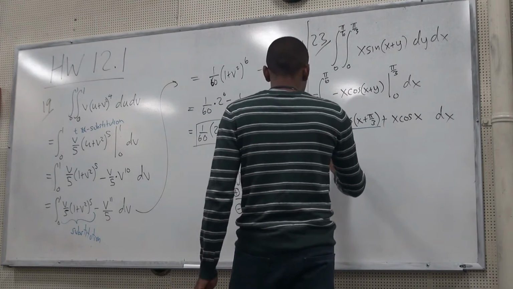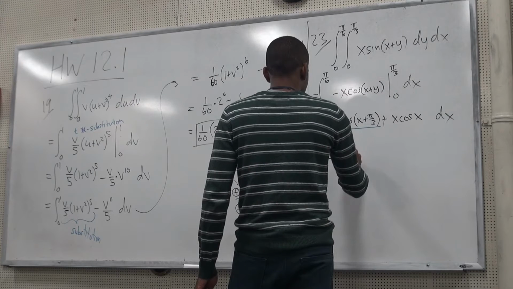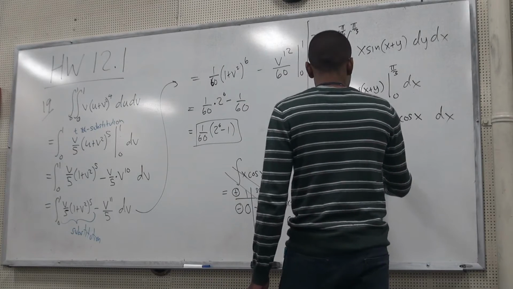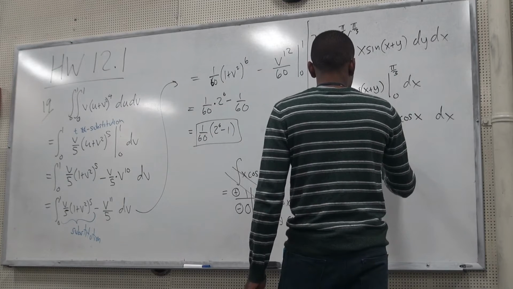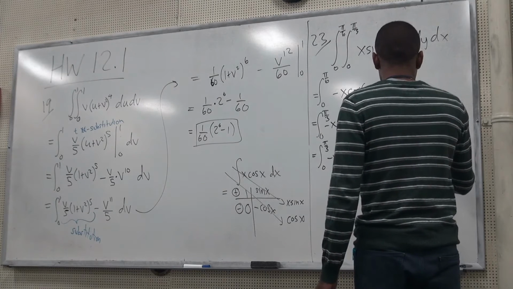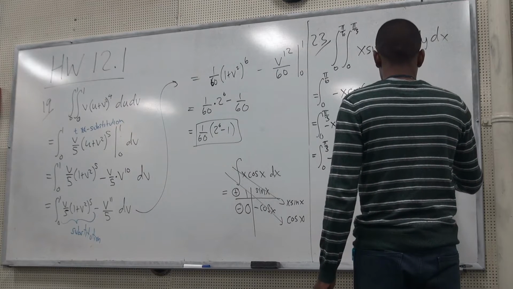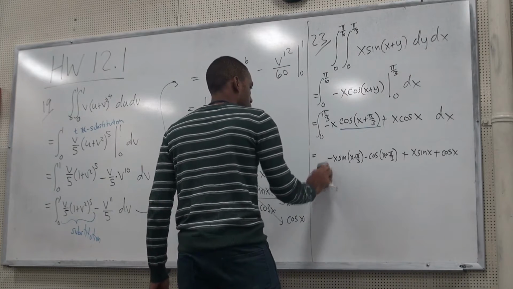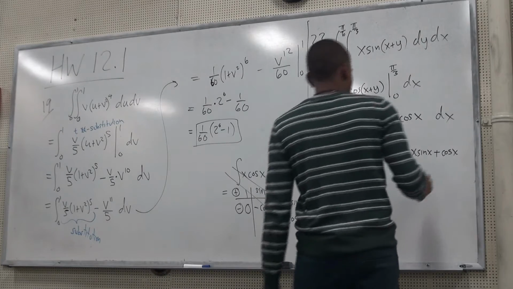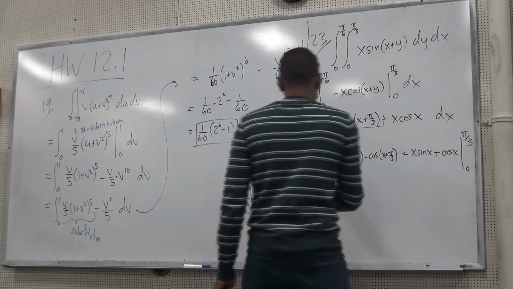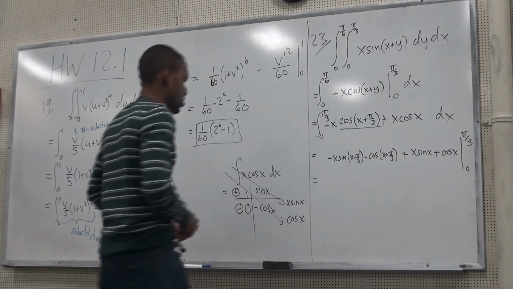So this is minus x sine of (x plus pi over 3), minus cosine of (x plus pi over 3), plus x sine x plus cosine x, between 0 and pi over 3. Right?